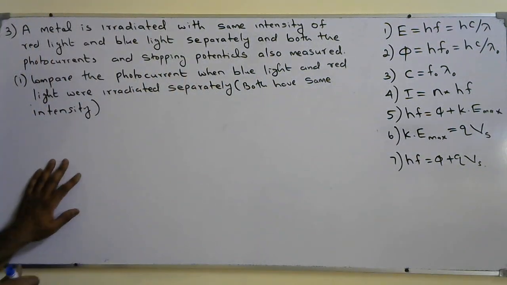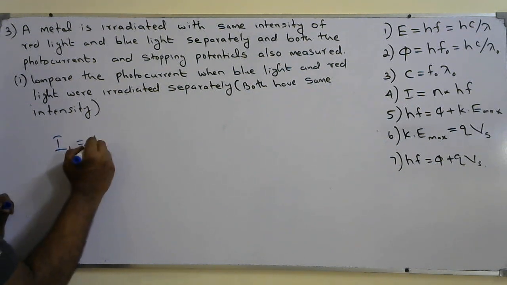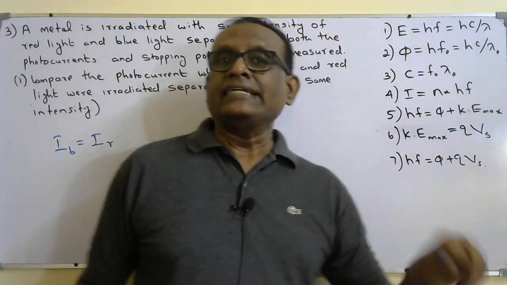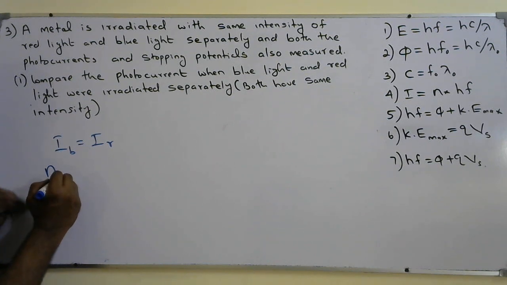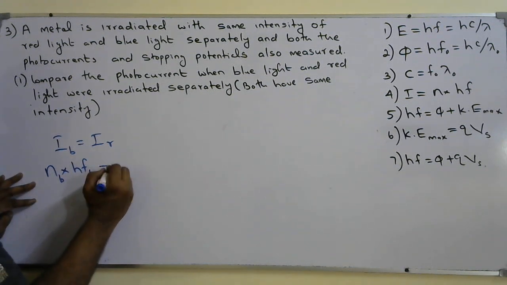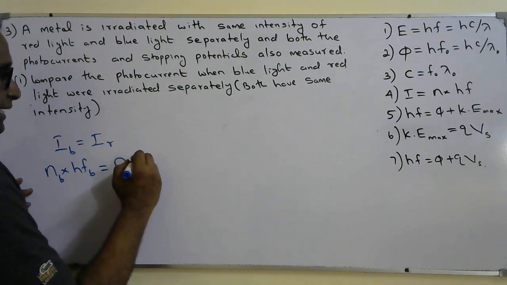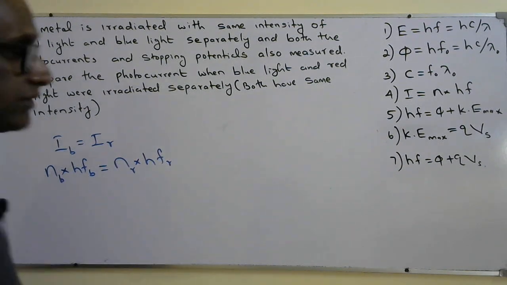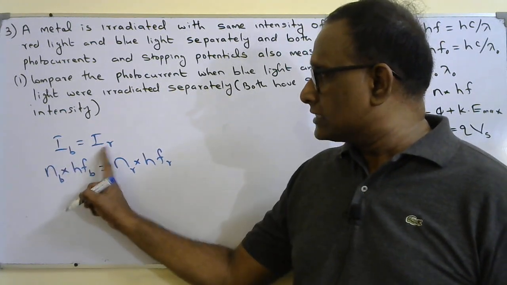Now we should know they have the same intensity, meaning intensity of blue is equal to intensity of red. I equals n times hf. So the number of blue photons falling on unit area per second times hFb is equal to the number of red photons falling on unit area per second times hFr. Both have the same intensity, so that's the reason I equate the intensity of blue to the intensity of red.